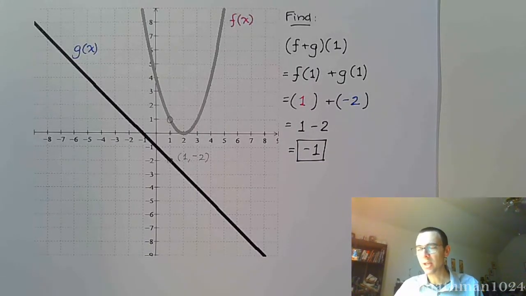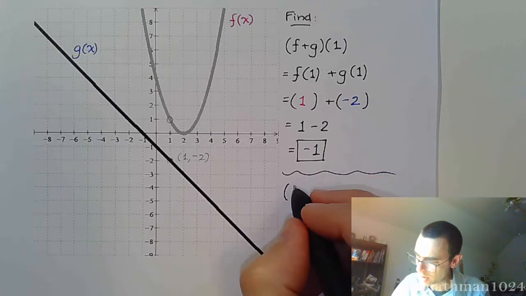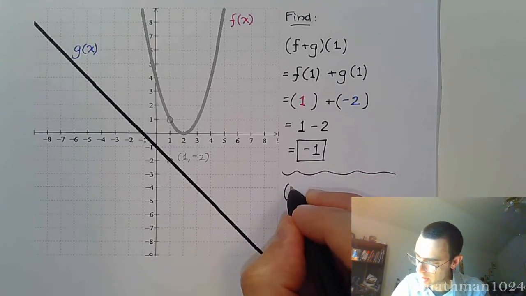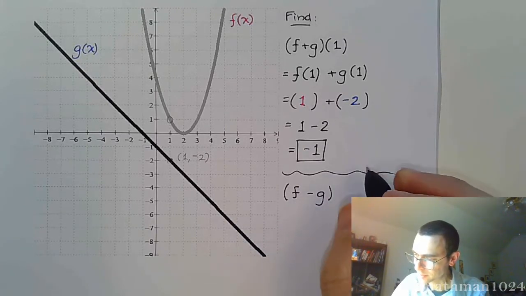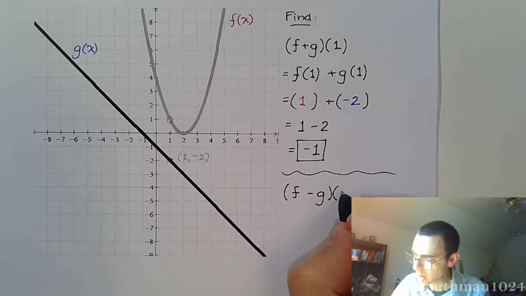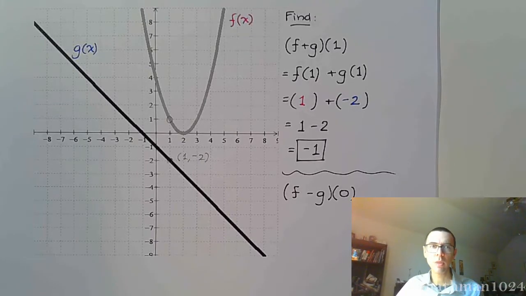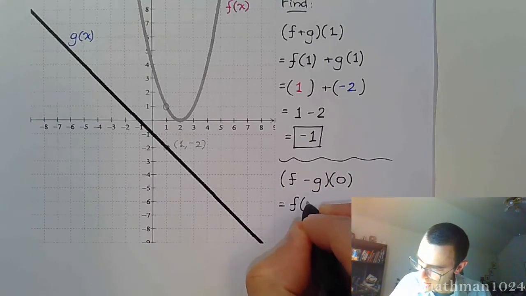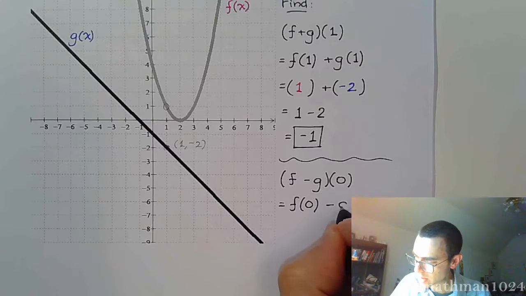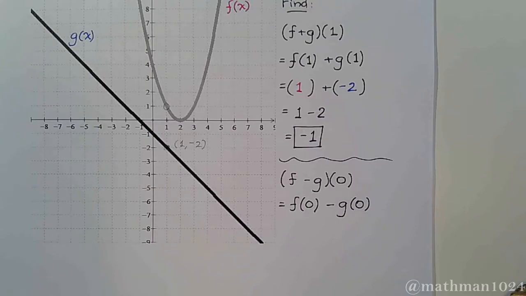And remember, we're just getting the output values by looking at the graph. So if I ask you for, let's say, f minus g of 0, that means find f of 0, find g of 0, and then subtract those values.